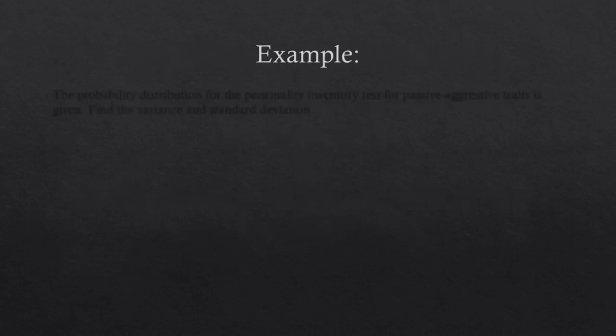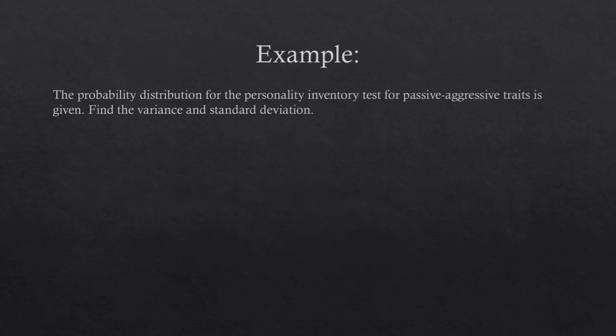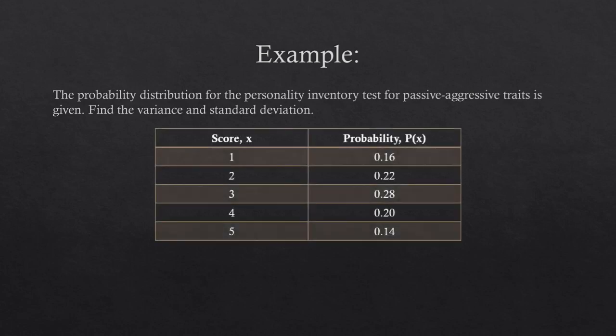So, for example, the probability distribution for the personality inventory test for passive-aggressive traits is given. Find the variance and standard deviation. As you can see in the table, the probabilities are 0.16, 0.22, 0.28, 0.20, and 0.14.